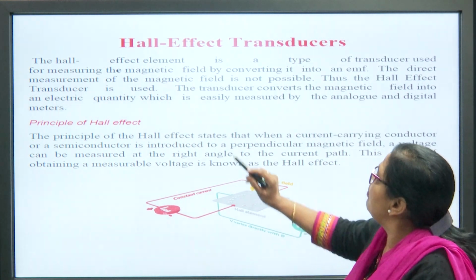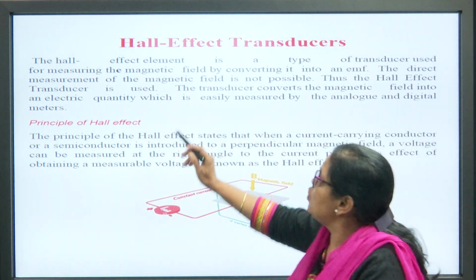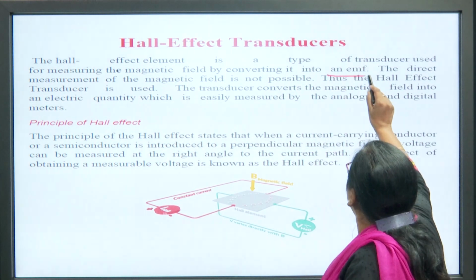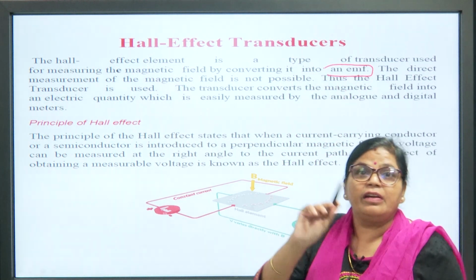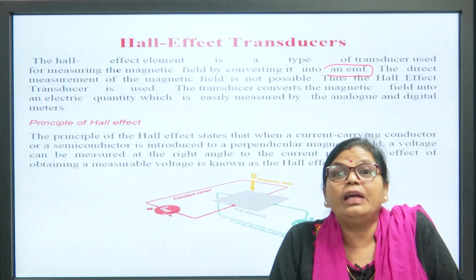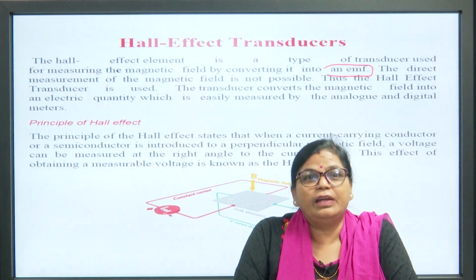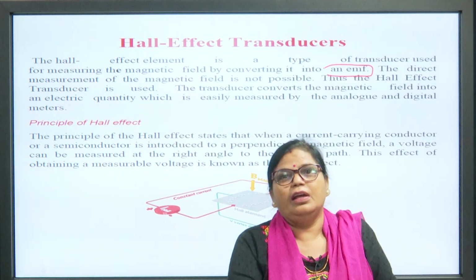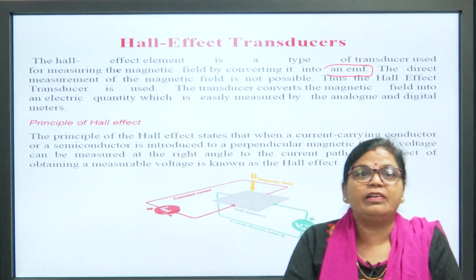The Hall element is a type of transducer used for measuring a magnetic field by converting it into an EMF. This point is important. Direct measurement of the magnetic field is not possible, so the Hall Effect transducer is used.